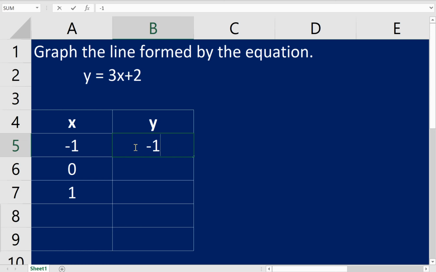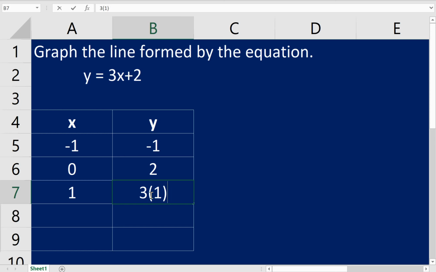So that gives me one ordered pair that I can go and plot as a dot. And then plugging in 0 for x, I would simplify to 2. So now I have another ordered pair, 0, 2, which I can put down on the graph as a dot.